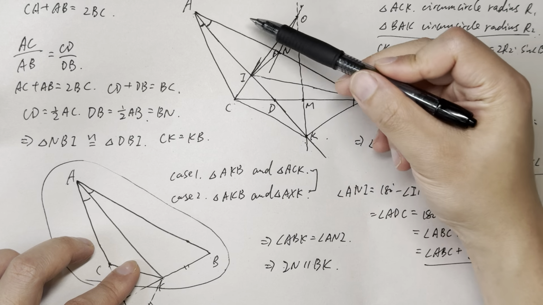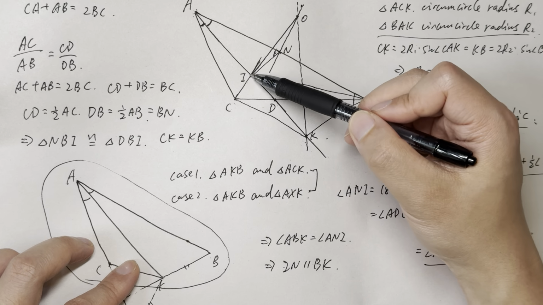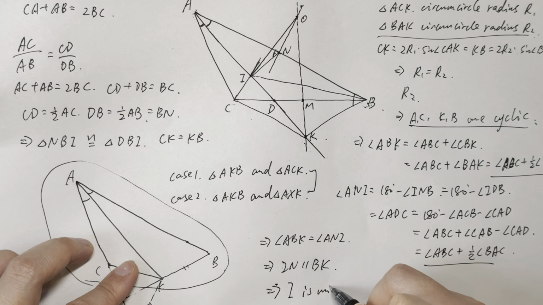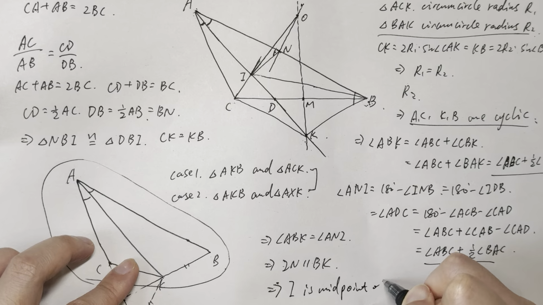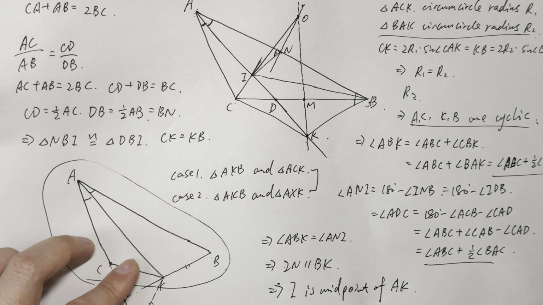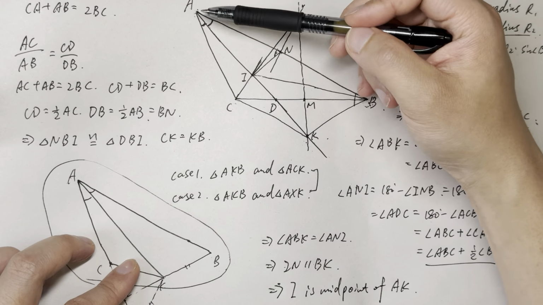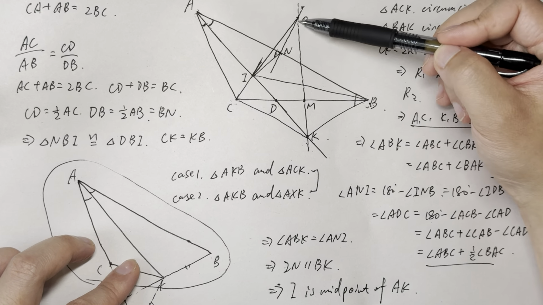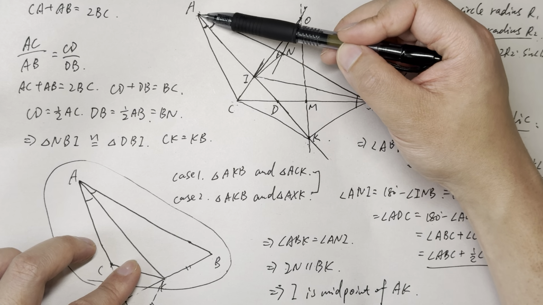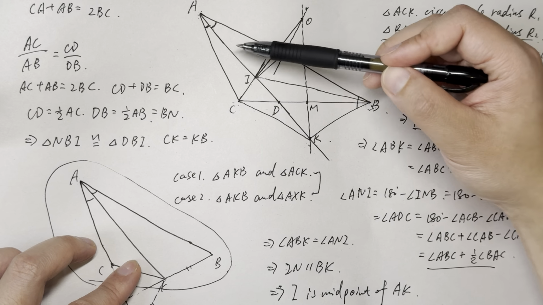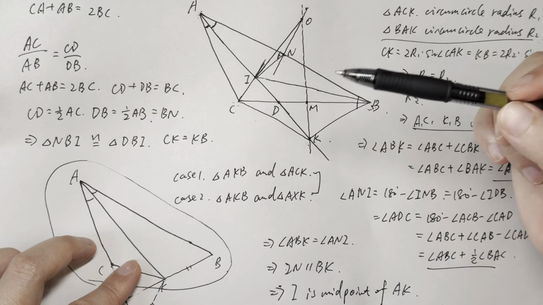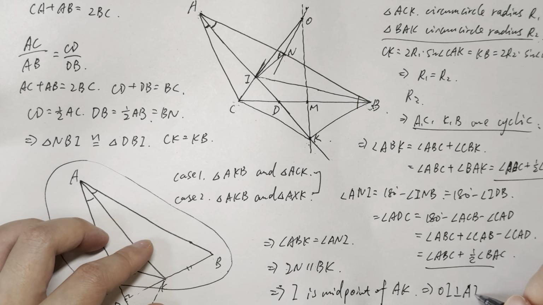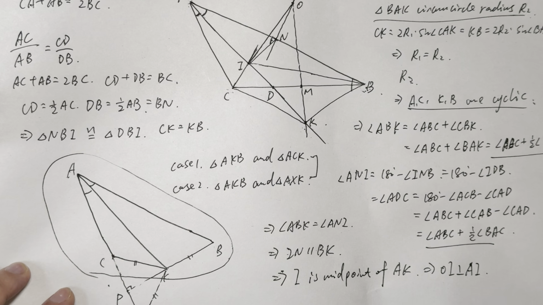Because N is the midpoint of AB, that means I is the midpoint of AK, right? And we already know that ACKB are cyclic. That means OK equals OA. And I is the midpoint of AK. That means OI is perpendicular to AK, which is AI, right?